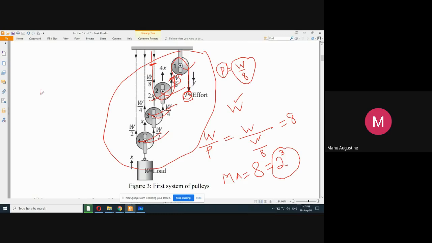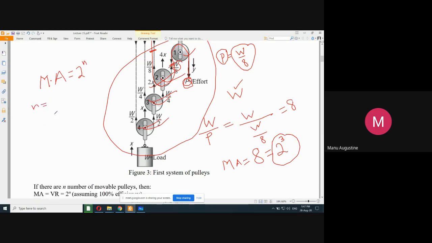So the general formula for mechanical advantage for the first system of pulleys in the absence of friction, please mind it, ये पूरा अपन ने खेल absence of friction में ही किया है. This comes out to be 2 raised to power n, where n equals the number of movable pulleys.